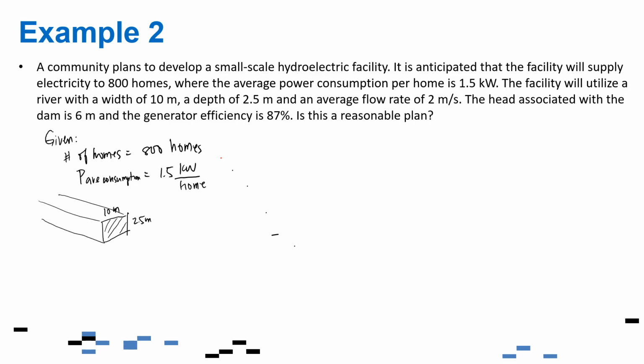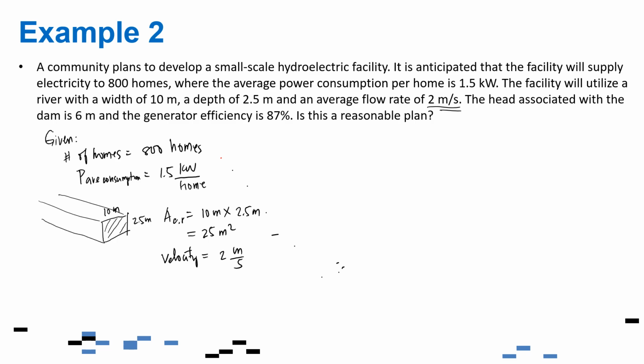So the cross-sectional area of the river is equal to 10 meters times 2.5 meters, which is 25 square meters. And then the other given is 2 meters per second of velocity, or flow rate. So the velocity of the river is equal to 2 meters per second.